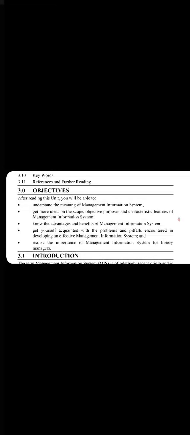Get yourself acquainted with the problems and pitfalls encountered in developing an effective management information system, and realize the importance of MIS. So we may start with some topics.